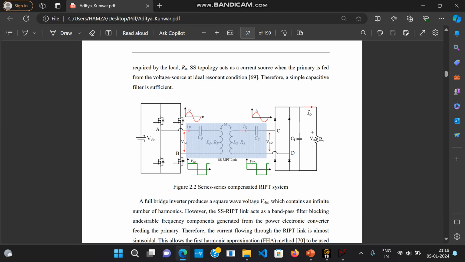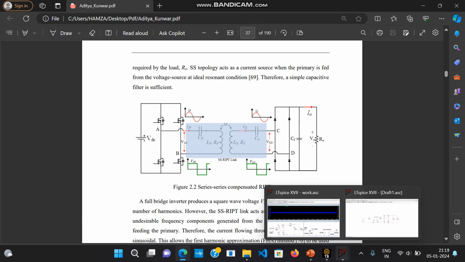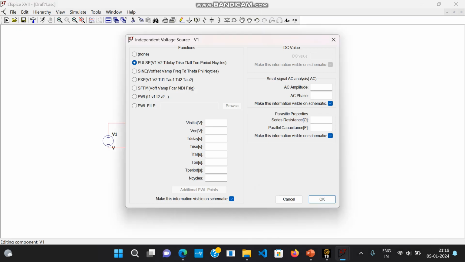But in LTspice you can directly use this pulse DC as your voltage instead of an inverter. For that, give the initial voltage as minus 220 volts and the pulsed value as plus 220 volts. Keep the delay as 0, rise time as 0, fall time as 0.